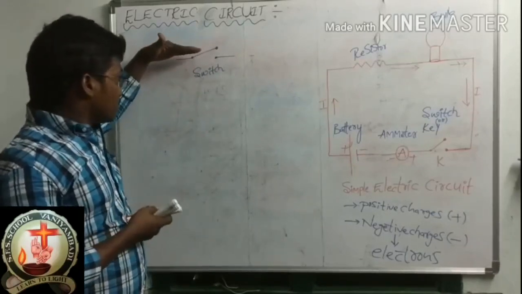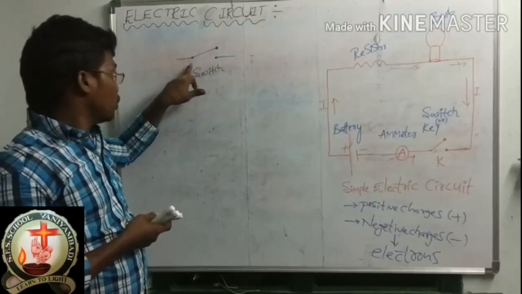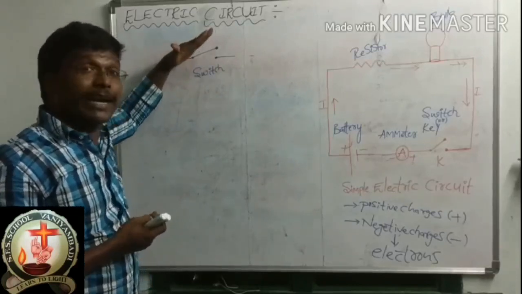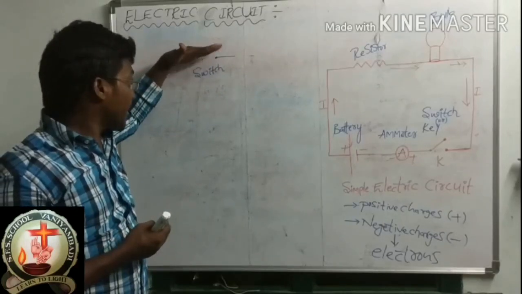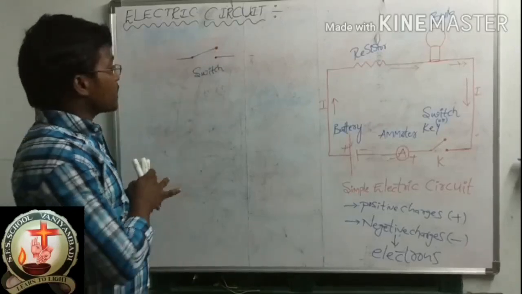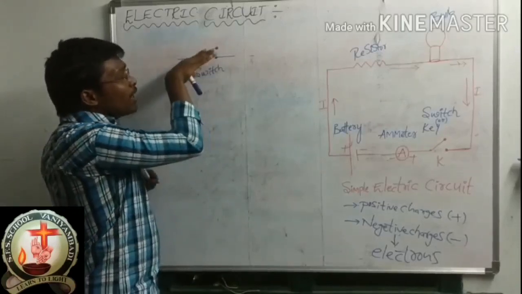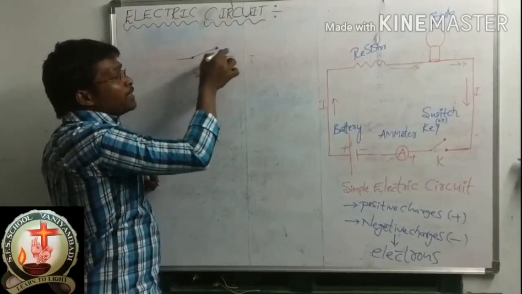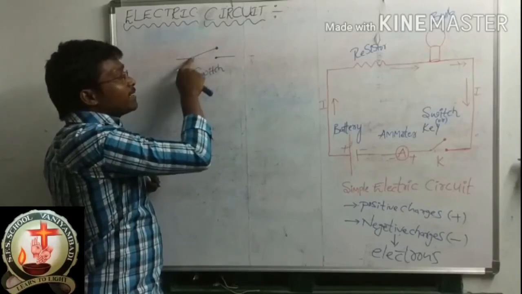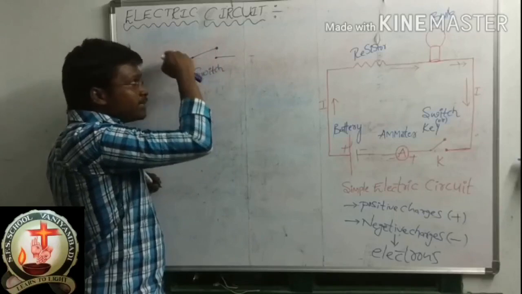Switch has two ends, and it has one cap. Now, can you please observe? Is this cap closed or open? Open. Some gap is there here. It's not directly touching. If this cap is touching this end, it is closed. Correct?